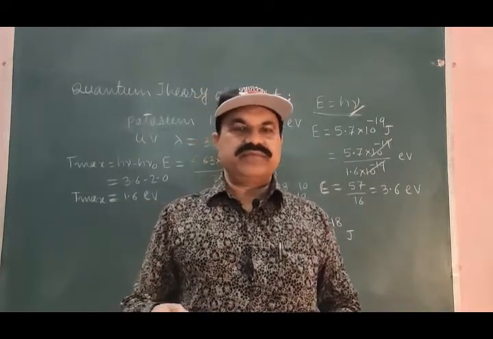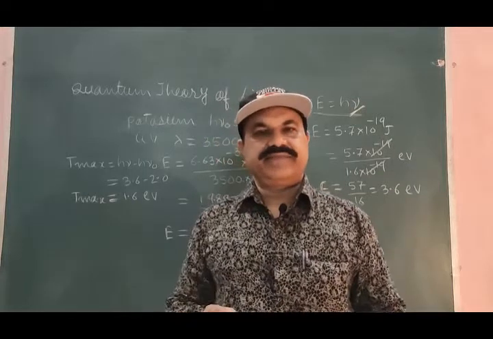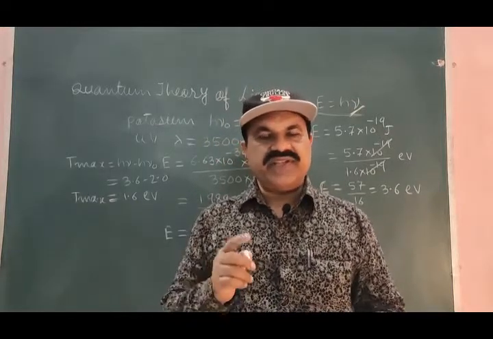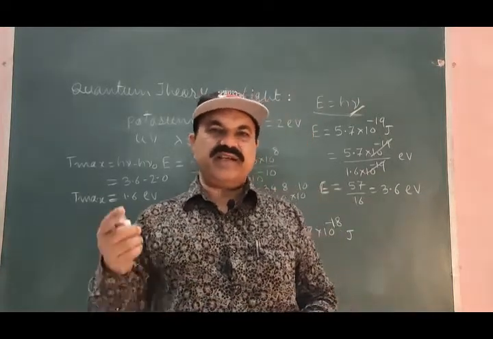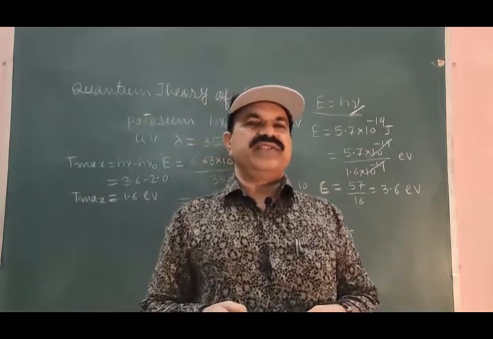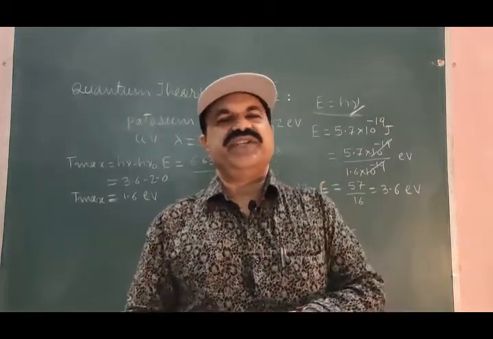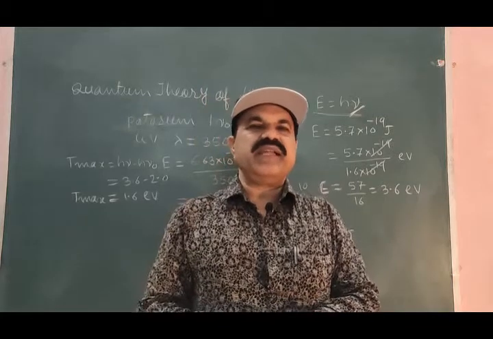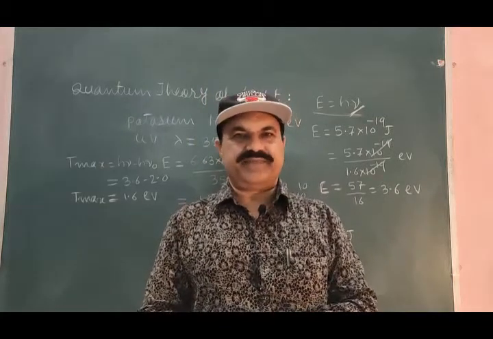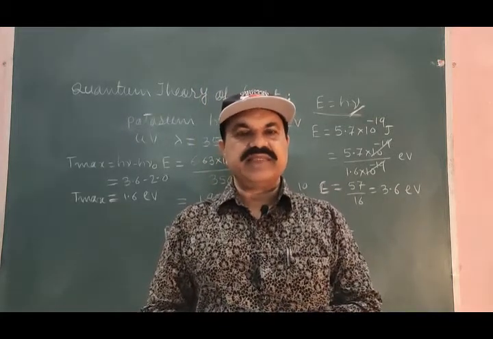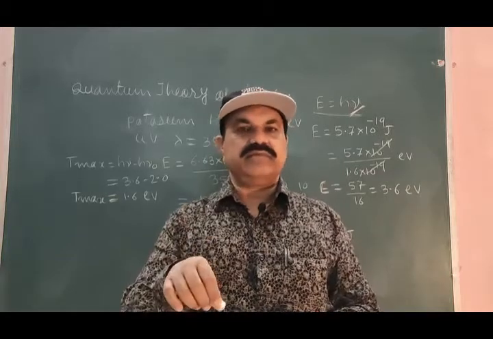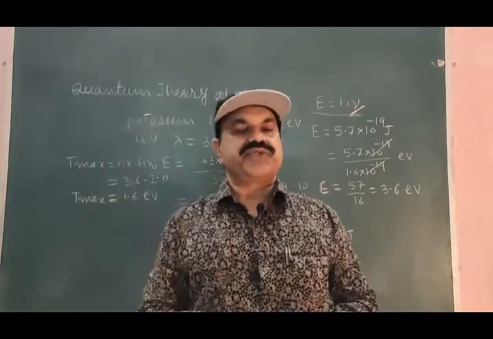But according to quantum theory of light, the average energy of the electrons emitted in the photoelectric effect is not a function of intensity. It is independent of the intensity of the light falling on the metal surface. Instead, it depends on the frequency used.